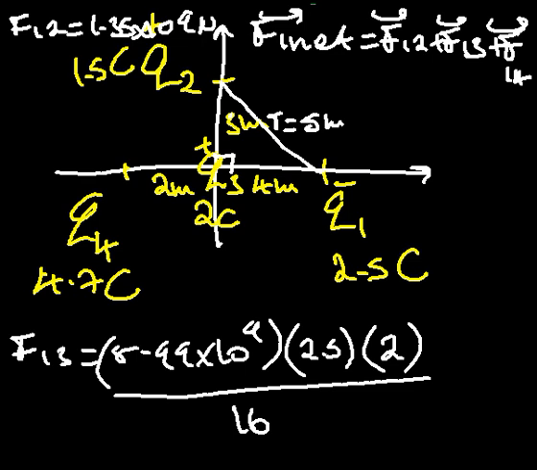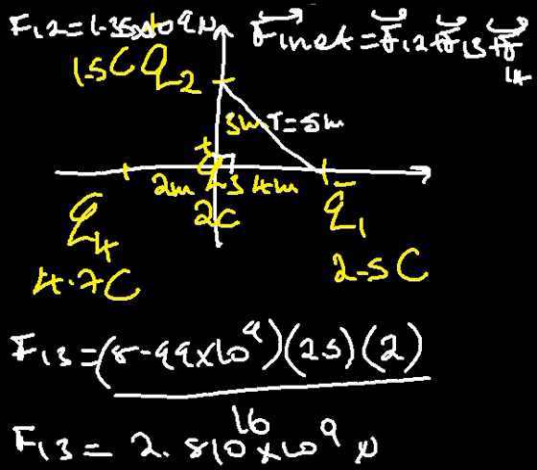That is the same as F13 being given as 2.810 times 10 to the power positive 9 newtons. So that is F13, 2.810 times 10 to the power positive 9 newtons. So care has to be critically considered whenever we are dealing with these calculations.